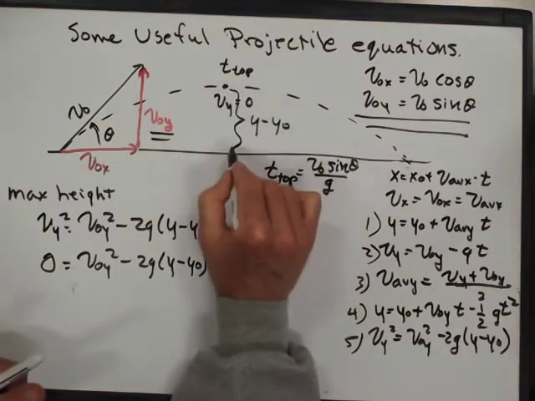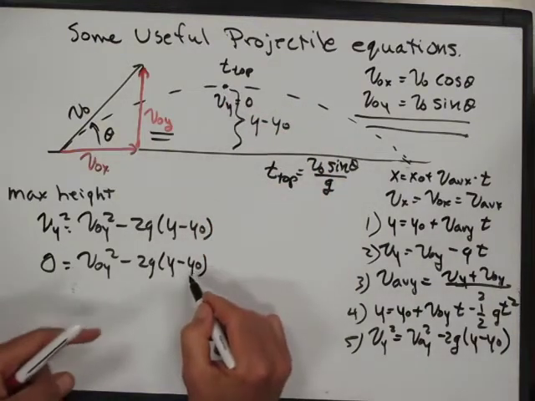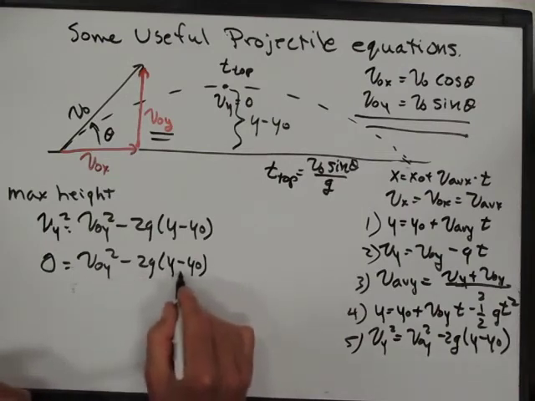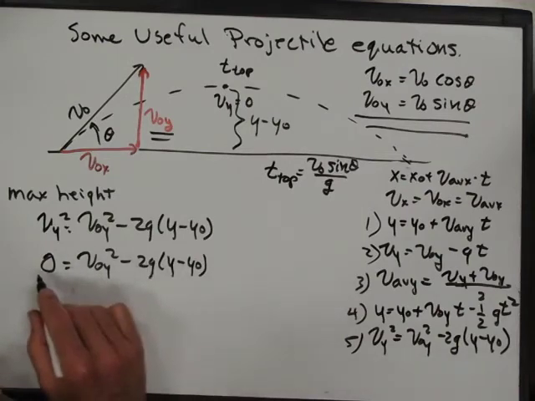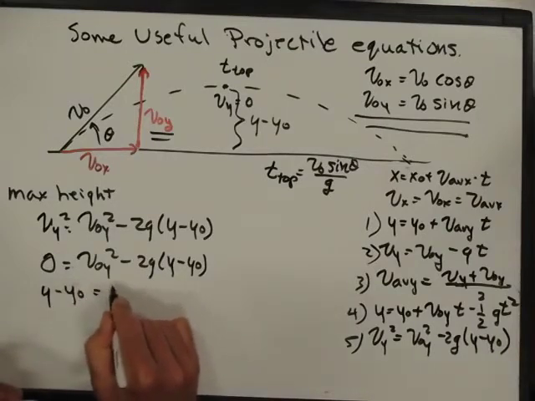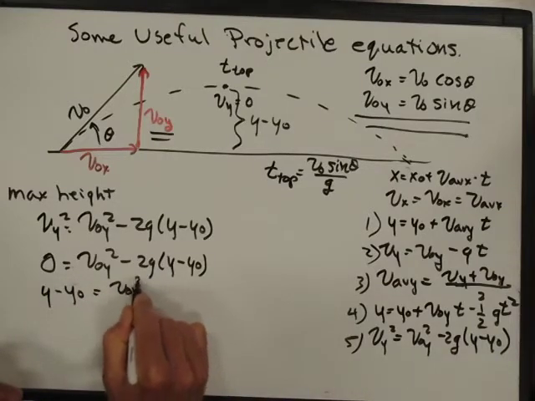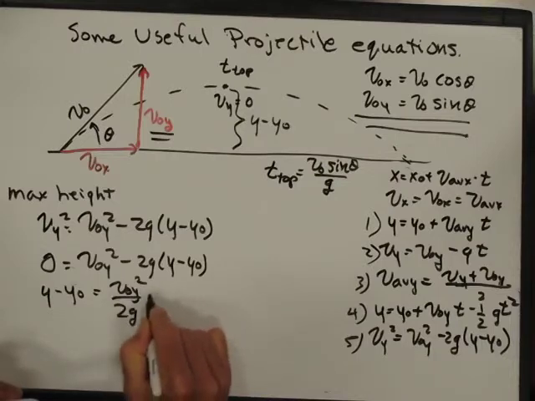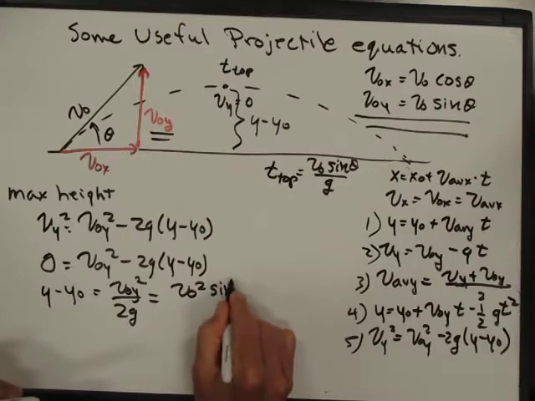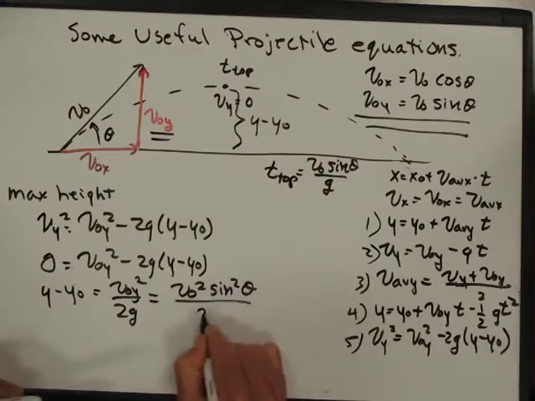This is y, and that's y naught. Usually we pick y naught equal to 0, but we don't have to. And so if we solve for y minus y naught, move this to the other side and divide by 2g, we get y minus y naught is equal to v naught y squared over 2g. That's equal to v naught squared sine squared of theta over 2g.